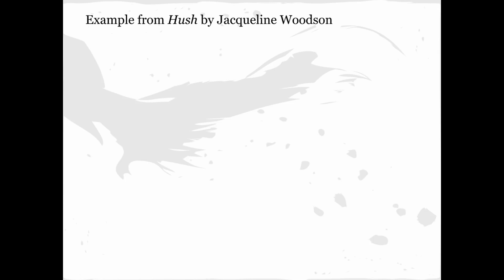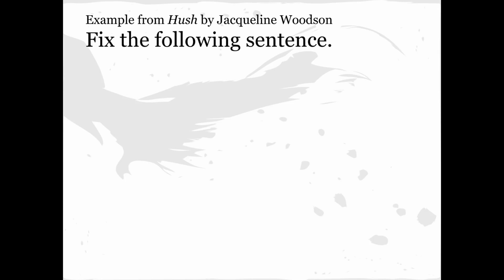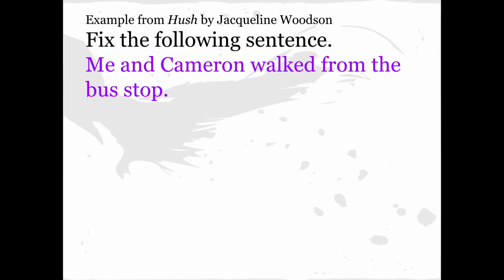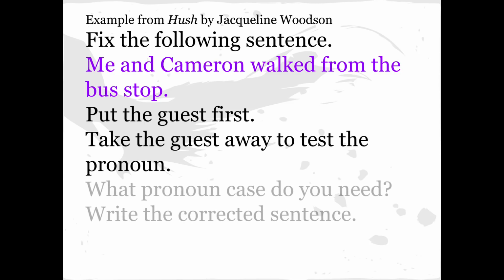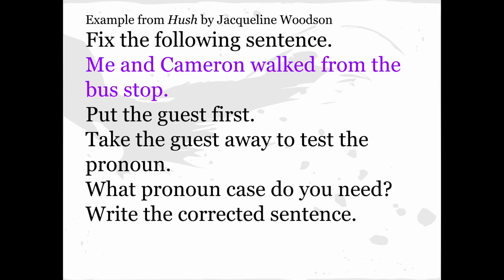Here's an example from Hush by Jacqueline Woodson. Fix the following sentence. "Me and Cameron walked from the bus stop." Put the guest first. Take the guest away to test the pronoun. And think about what pronoun case you need. This one needs the subjective case, so we'll write this corrected sentence.